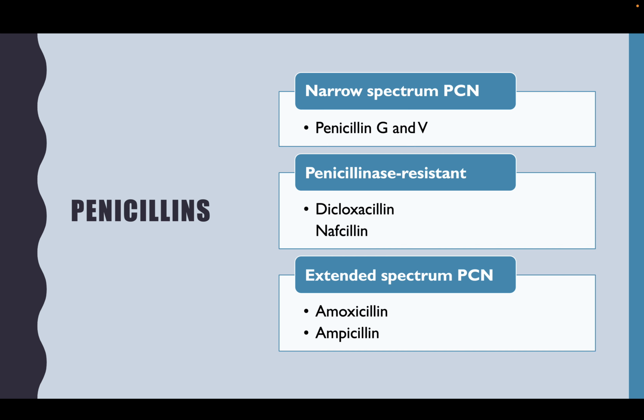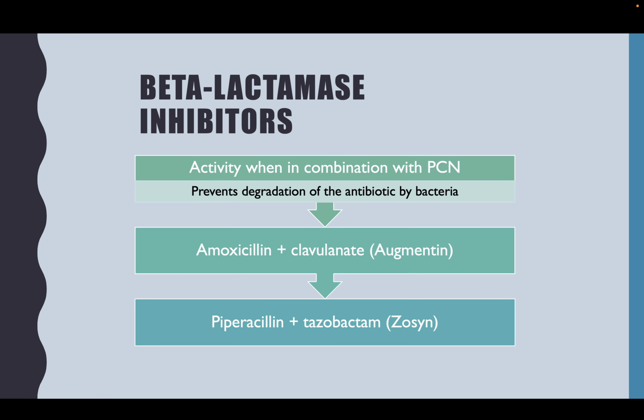One of the ways bacteria fight against penicillin is by producing penicillinase, which deactivates penicillin, right? So if we have a penicillinase resistant medication, we are fighting the defense that the bacteria are defending with to overcome it. Bacteria may also produce beta-lactamase to fend off against beta-lactam medications.